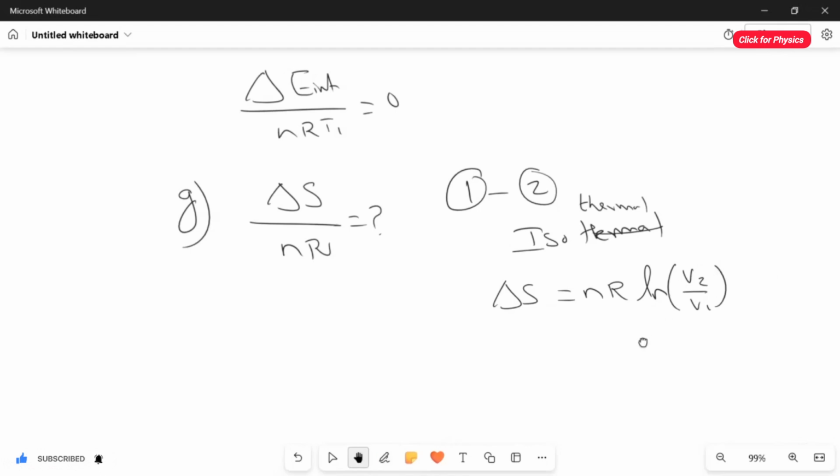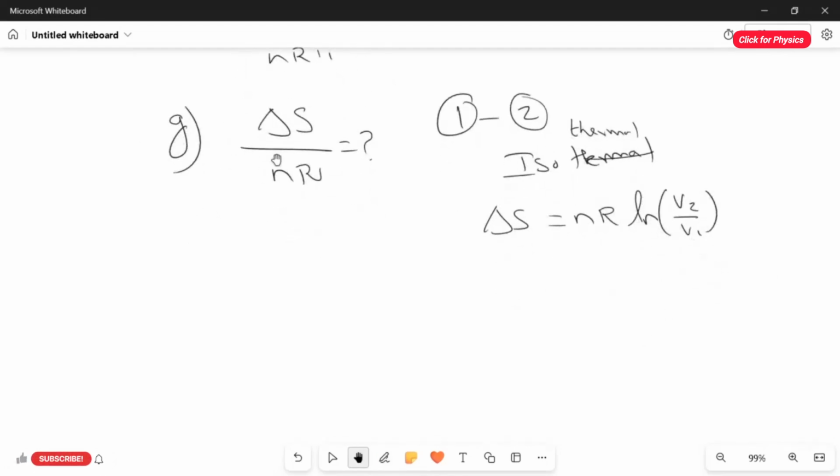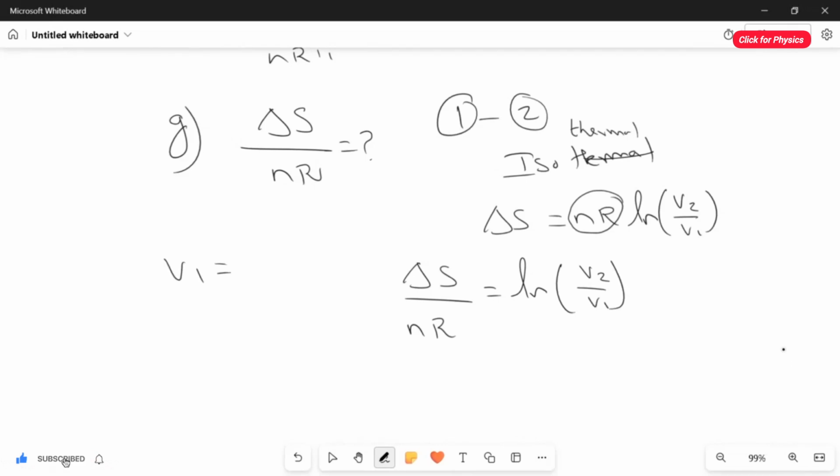So we can do one thing. If you take this equation for getting this answer, we can bring N R to the left hand side of the denominator, because this is the main formula for entropy change in isothermal. So if you move this to the left hand side of the denominator, we can write delta S over N R equal to natural log of V2 over V1. Again, V1 is equal to 1, V2 is equal to 4 times V1.